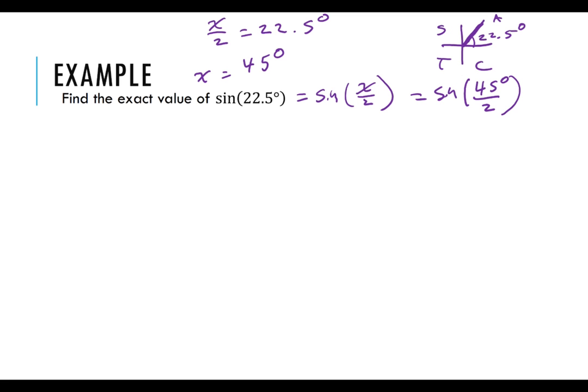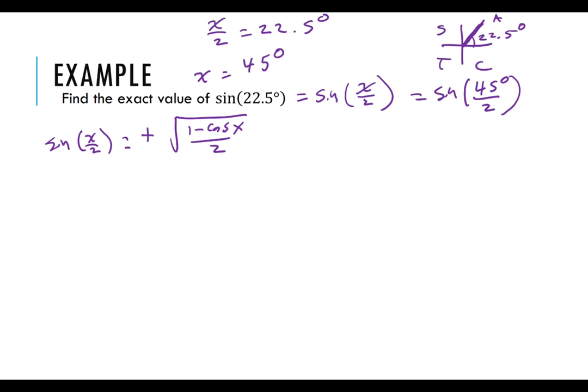My formula is sine of x over 2 equals plus or minus the square root of 1 minus cosine of x, divided by 2. But at this point, I can identify for the angle 22.5 which one is correct. Specifically, it's going to be the positive, because we know we're in quadrant 1.